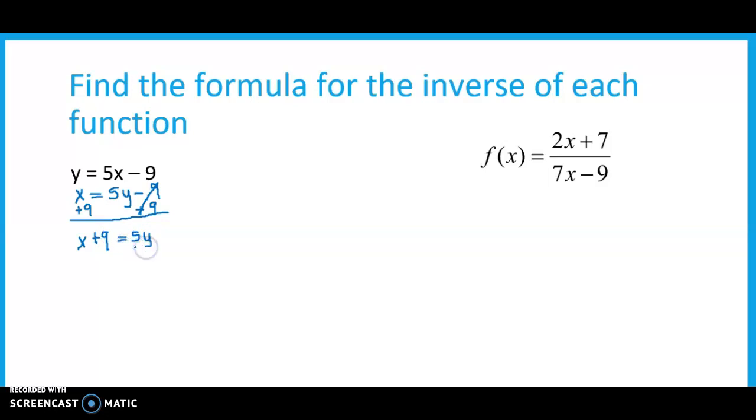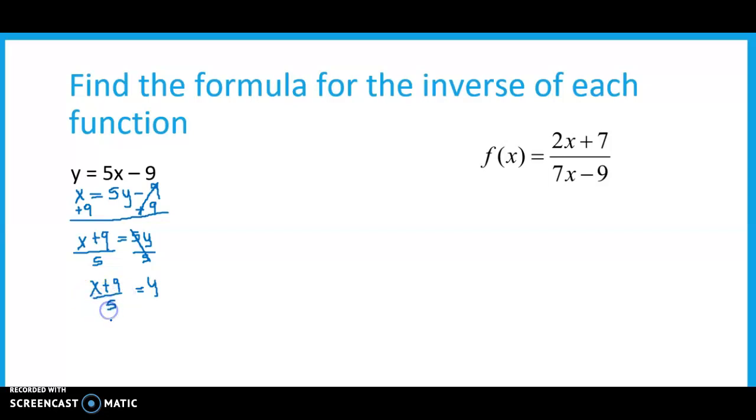Now there's one more step in order to get this in the y equals format, and that is to divide by 5. So I'll divide by 5 on both sides. Notice how my fraction bar goes under everything there. These guys cancel, true inverses of multiplication and division, and so I have y equals x plus 9 divided by 5.